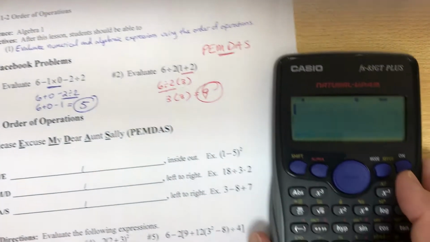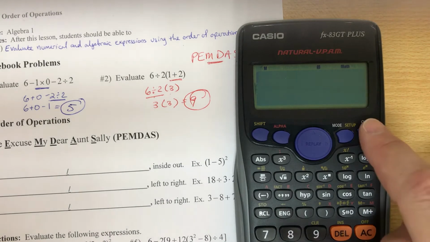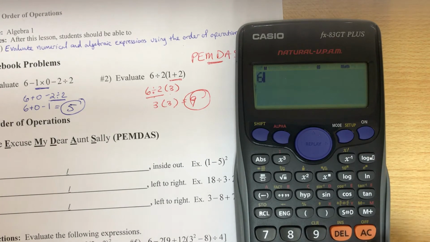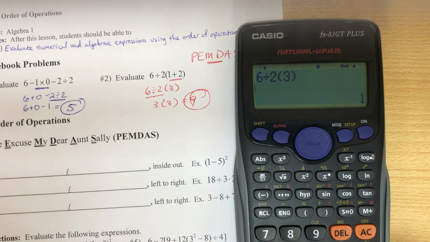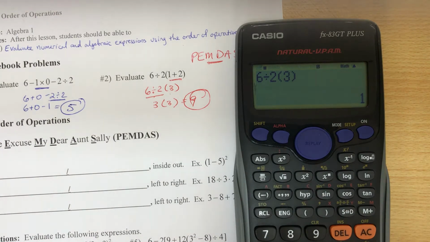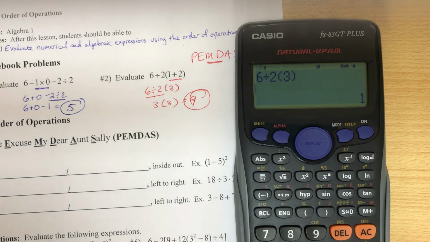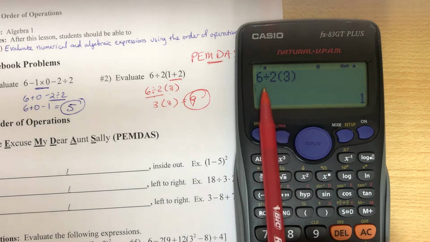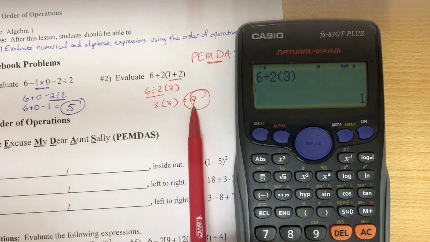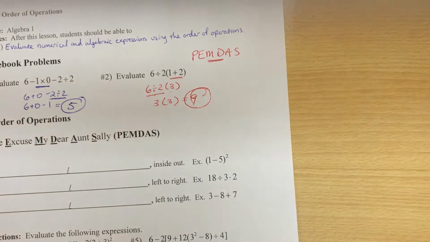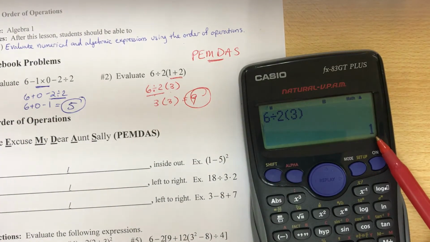Now, just to show you on the calculator, if I type 6 divided by 2, parentheses, and I'll put the 3 there, this actually does it differently. And if I take my graphing calculator, what I'm going to get is actually 9. So in the United States, I would say this is wrong.